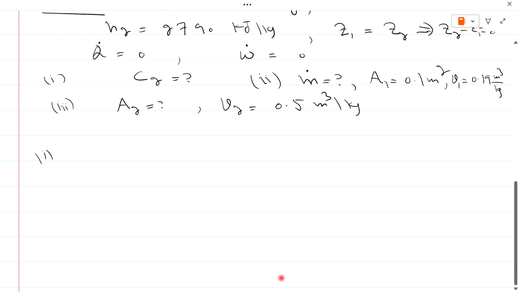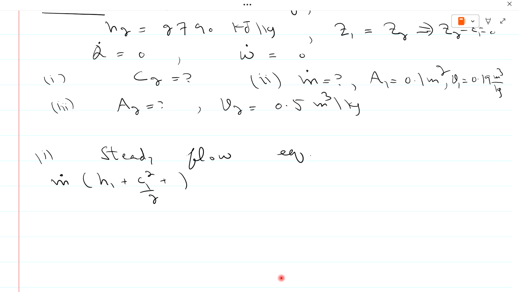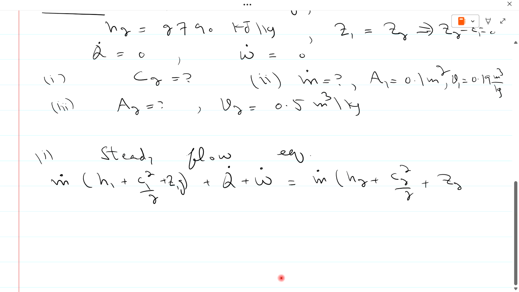So the steady flow equation is m dot (h1 plus c1 square by 2 plus z1g) plus q dot plus w dot is equal to m dot (h2 plus c2 square by 2 plus z2g).